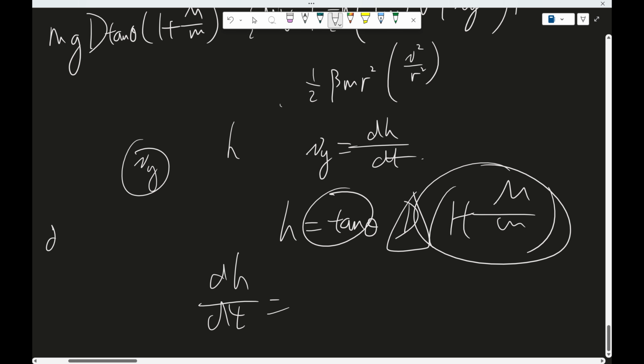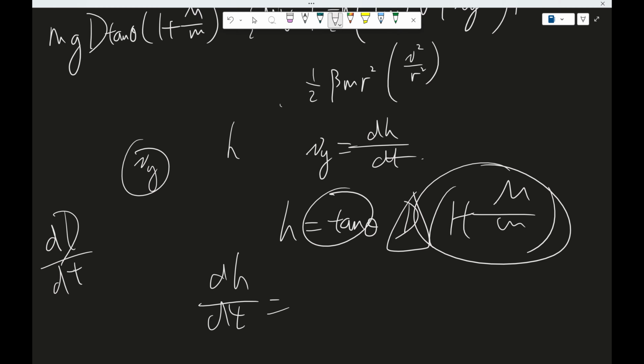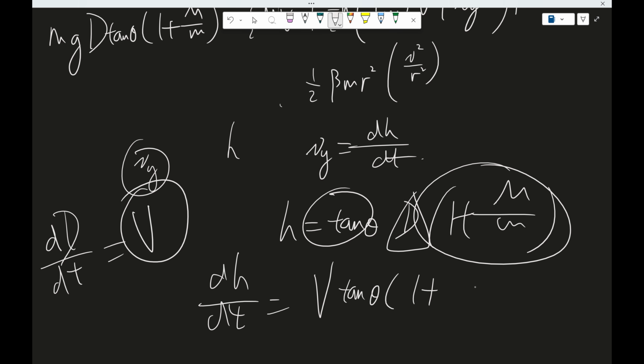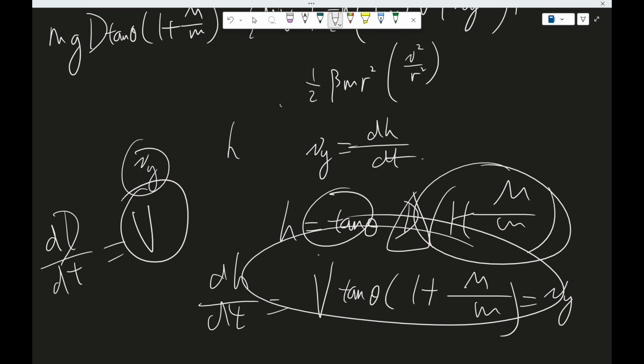This is a bad notation, but what is the derivative of the distance with respect to time? That's just velocity, right? So that's just the velocity of the slope. And so we have Vy equals V tangent theta times 1 plus big M over small m. So that is Vy, the expression.